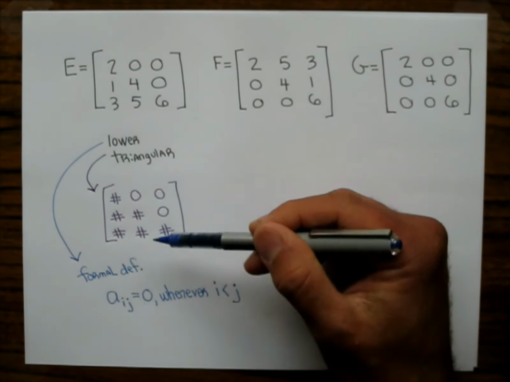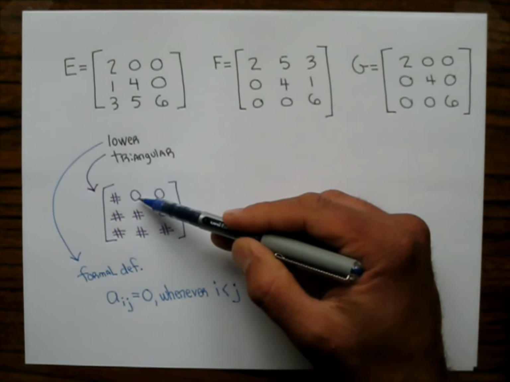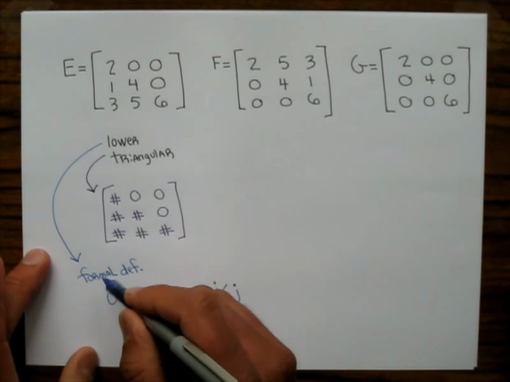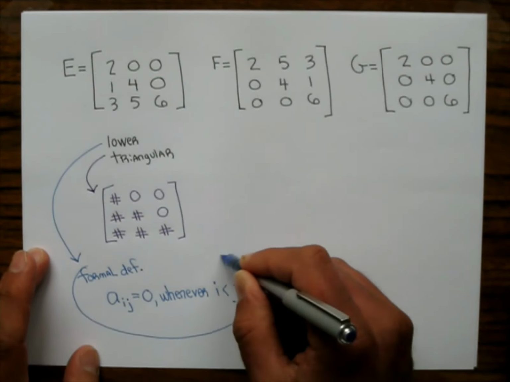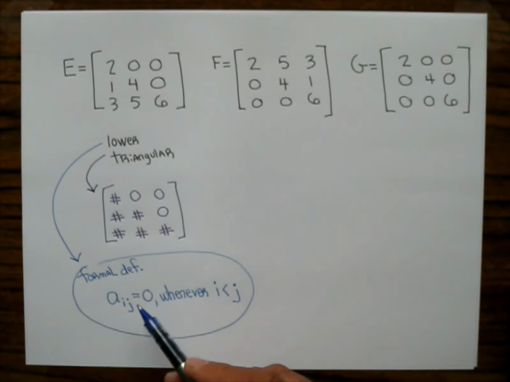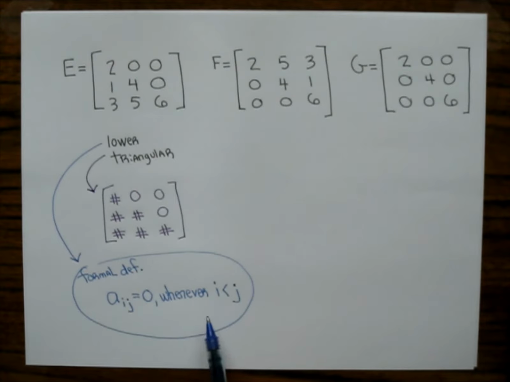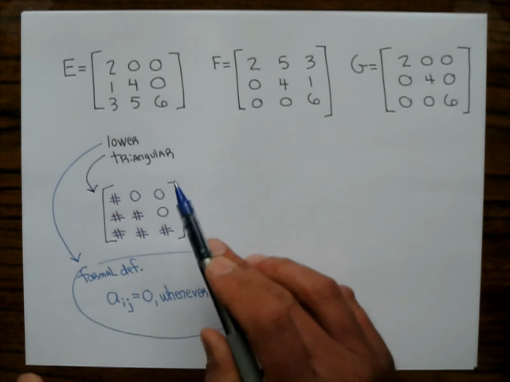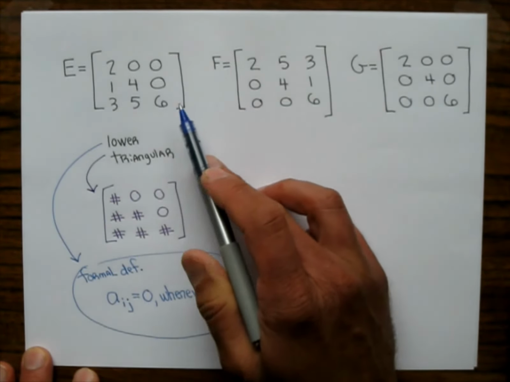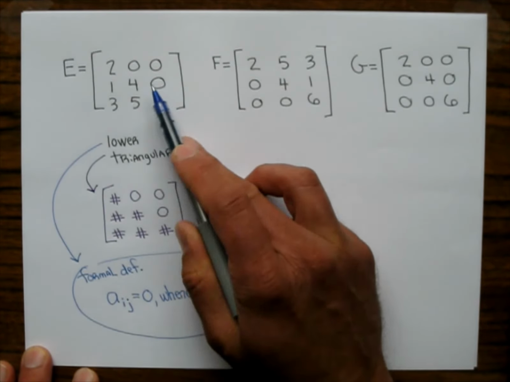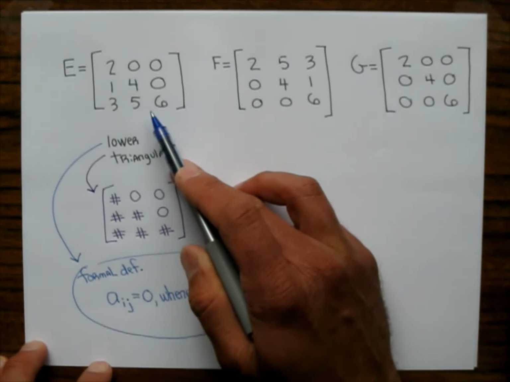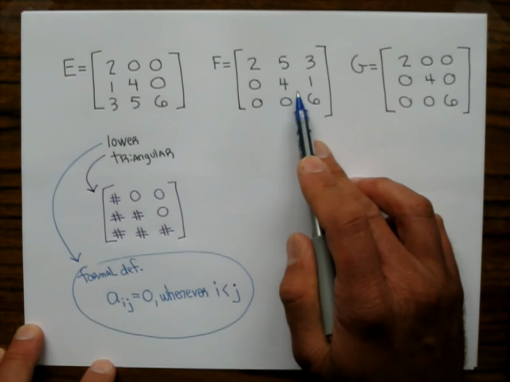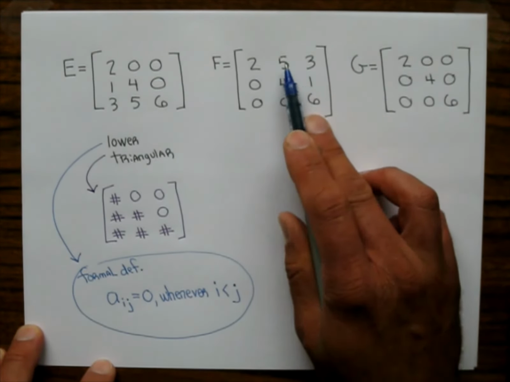For instance, this one right here is a_12. 1 is less than 2, and that's a 0 there. Now, if you're an engineer, maybe a computer science major, maybe you don't like these formal definitions. We're not going to have to know them to do our homework or the test. Just know lower triangular, to see this and see if it's lower triangular. This guy right here is not lower triangular because those are not zeros there.